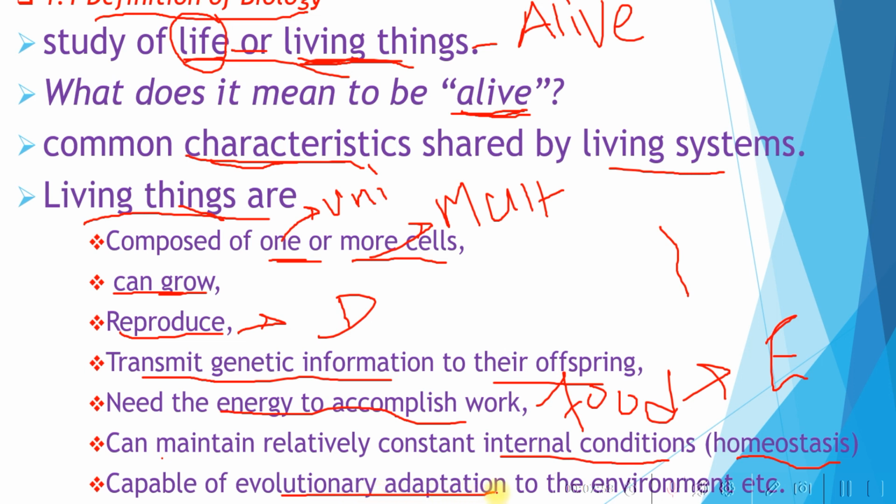These are some characteristics that can define or show the behaviors of life or living things. But don't forget, these are the characteristics. They are not the definition of life. These are the characteristics that living things can what? Exhibit or observe.